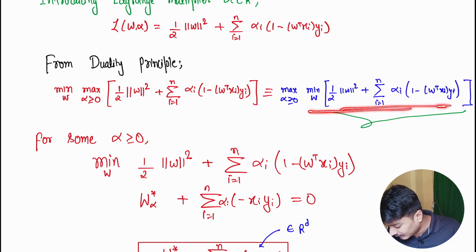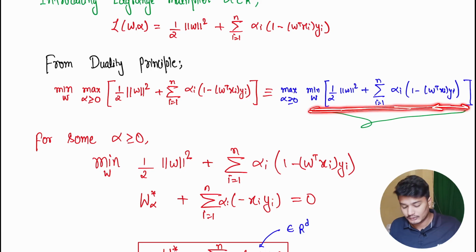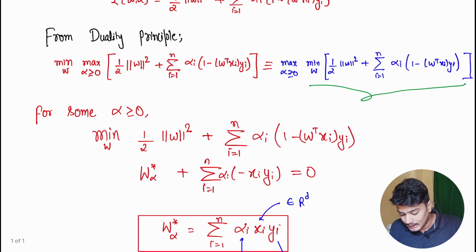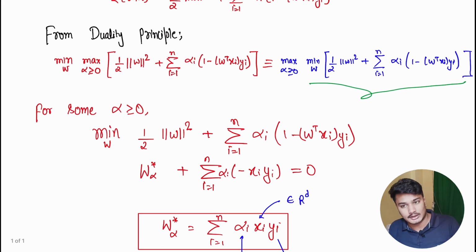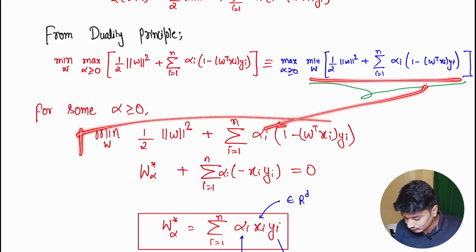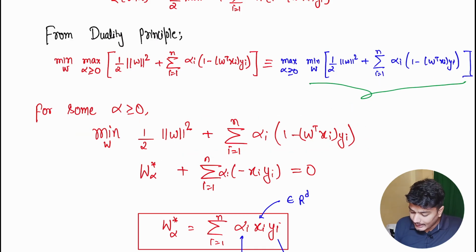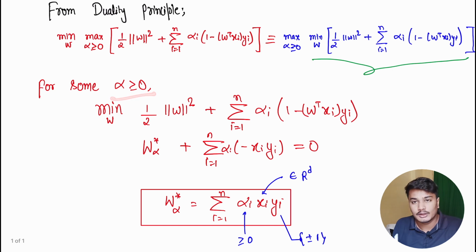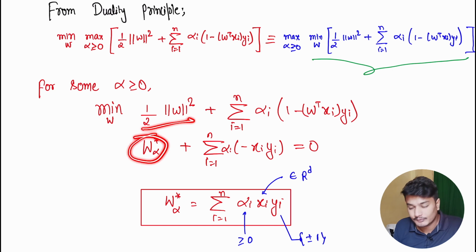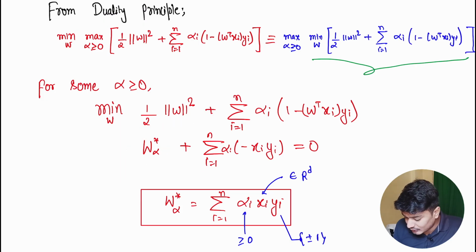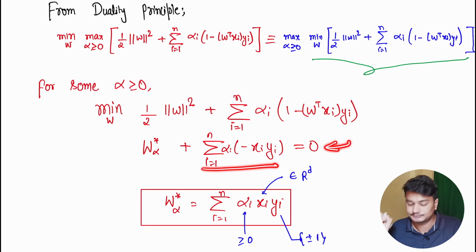Now, if we talk about this minimization over w, this we know how to solve. For any alpha greater than 0, we minimize over w this function, which I wrote here. For any alpha greater than 0, the solution will give a w star of alpha, plus the summation of this, equal to 0.